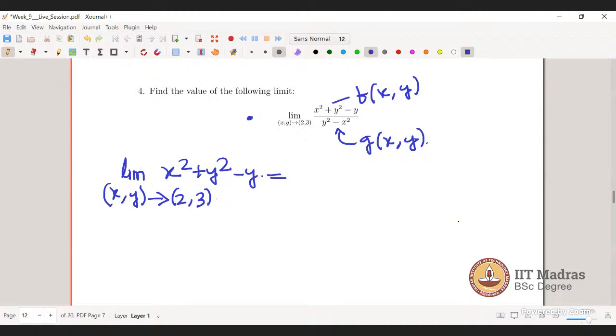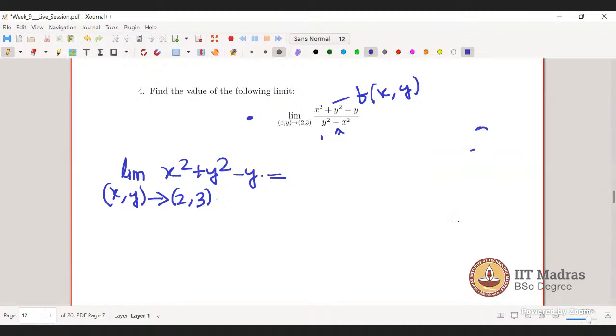To apply this quotient rule, we have to make sure that this limit, as (x,y) tends to (2,3), of g of xy is not equal to 0. That is what we need to apply this quotient rule. Numerator is 10, yes, true.